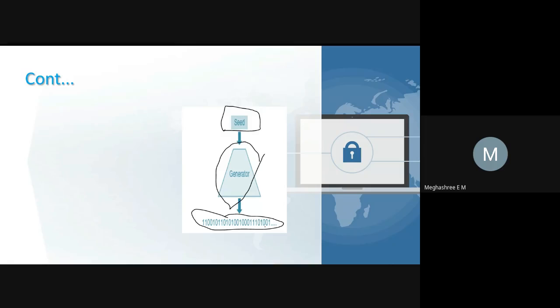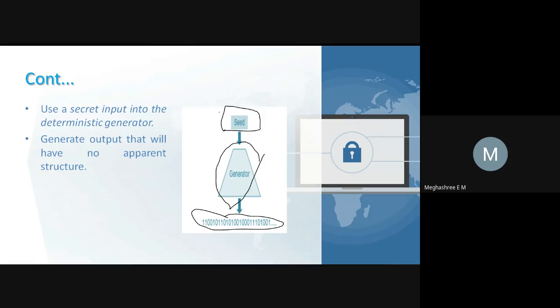Whatever input you are feeding to this generator is a secret input, which then generates the output. Whatever output you get here will have no apparent structure.